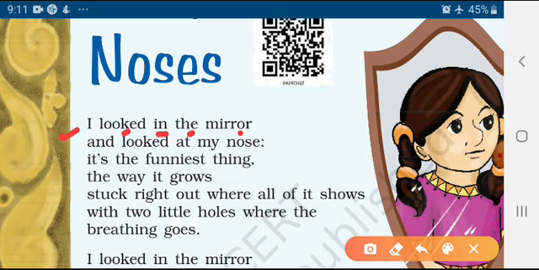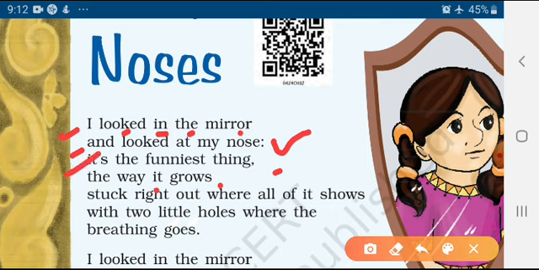And looked at my nose. Again she is saying in the mirror she is looking at her nose. It means in the mirror she is not looking at her face, she is looking at her nose. It's the funniest thing the way it grows.